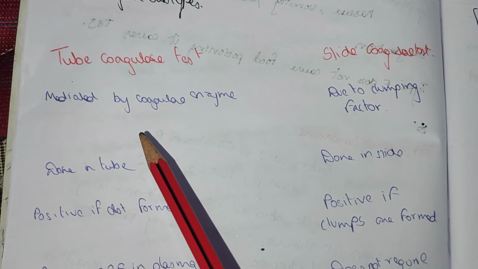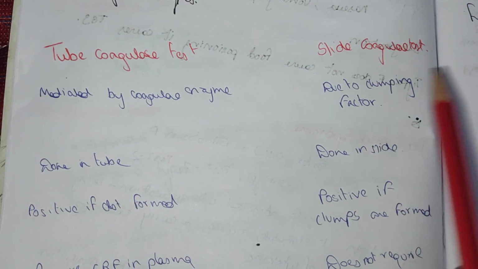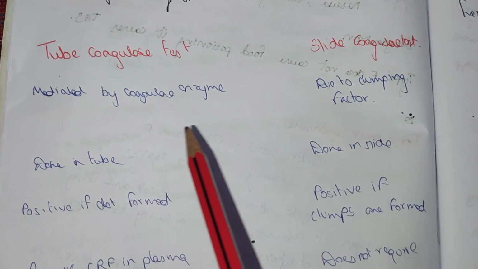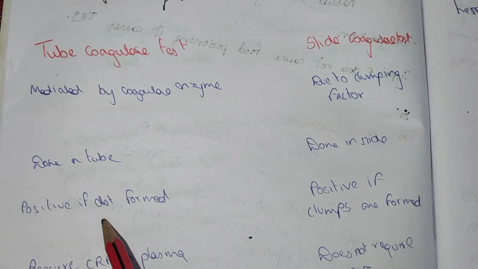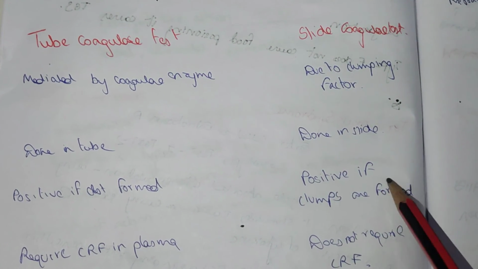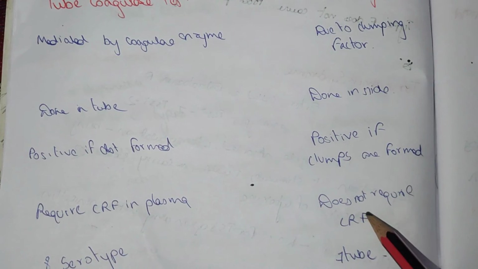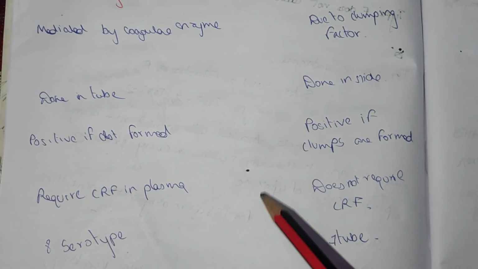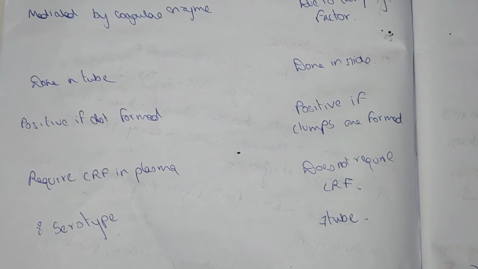The tube coagulase is mediated by coagulase enzyme, and the slide coagulase is due to clumping factor. One is done in a tube, as the name suggests, and the other on a slide. Positive if a clot is formed, positive if clumps are formed. Tube coagulase requires CRF in plasma, slide does not require CRF. There are 8 serotypes in the tube coagulase test, and only 1 type in the slide test.